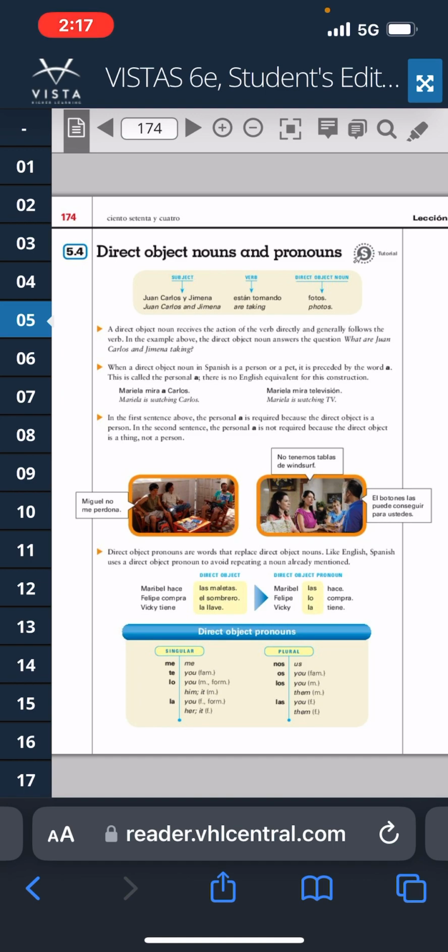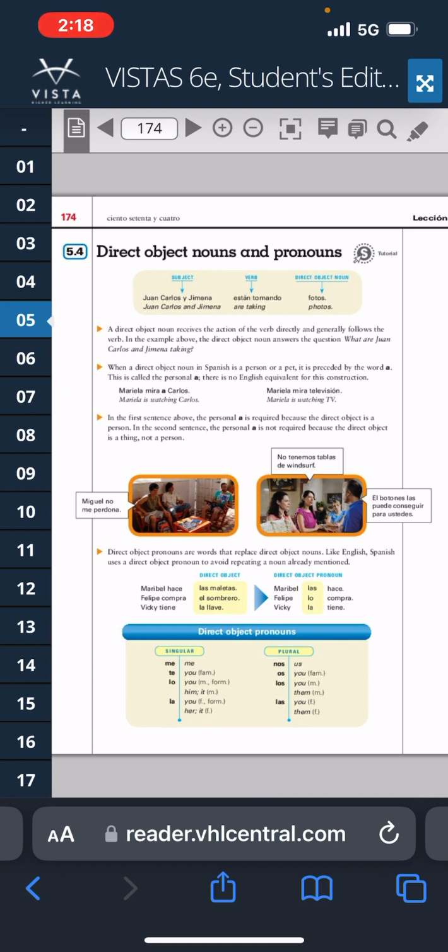When a direct object noun in Spanish is a person or a pet, it is preceded by the word a. This is called personal a. There is no English equivalent for this construction. Marila mira a Carlos.